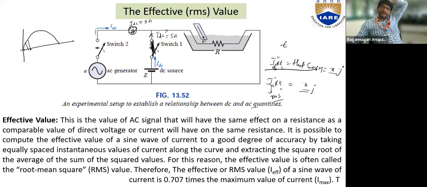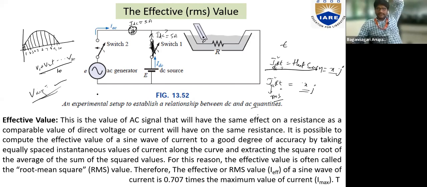I said to take the instantaneous values, taking instants 1, 2, 3, 4, 5, 6, 7, 8, 9, 10. Add all the values, the magnitude at instant 1, at instant 2, V2, up to V10, divided by 10. You get some value, you call it V average. This is what I said.